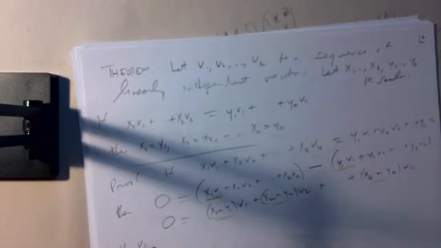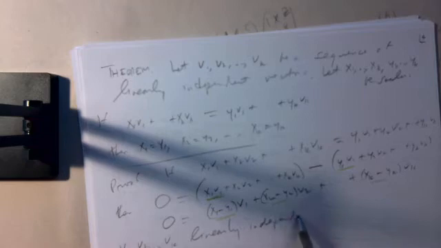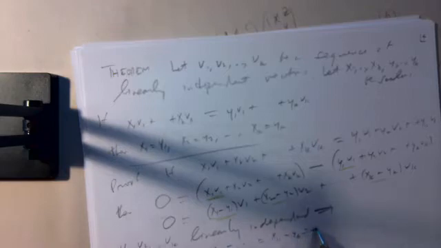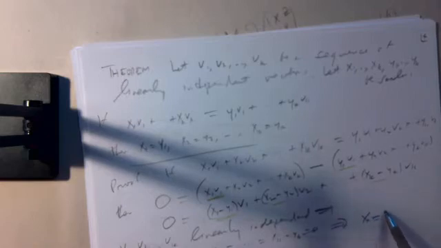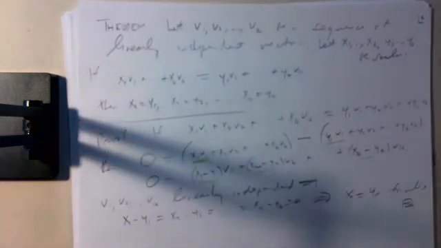So v1, v2 up to vk linearly independent means all of the coefficients have to be 0. x1 minus y1, x2 minus y2, and so forth, xk minus yk is 0, which means that they're all the same. xi equals yi for all i. And that's what we needed to prove.